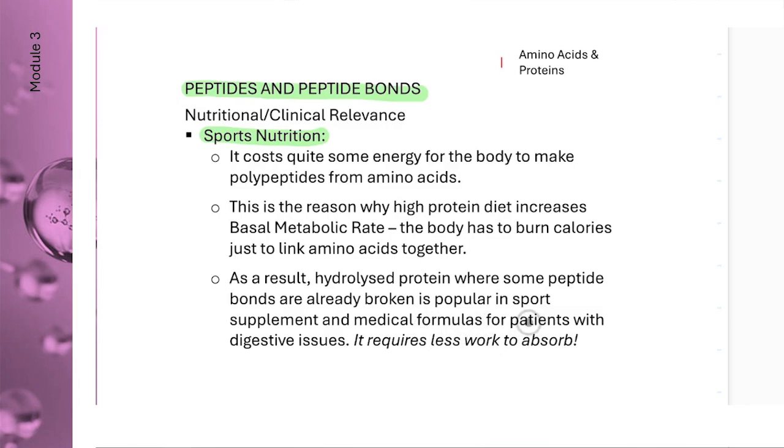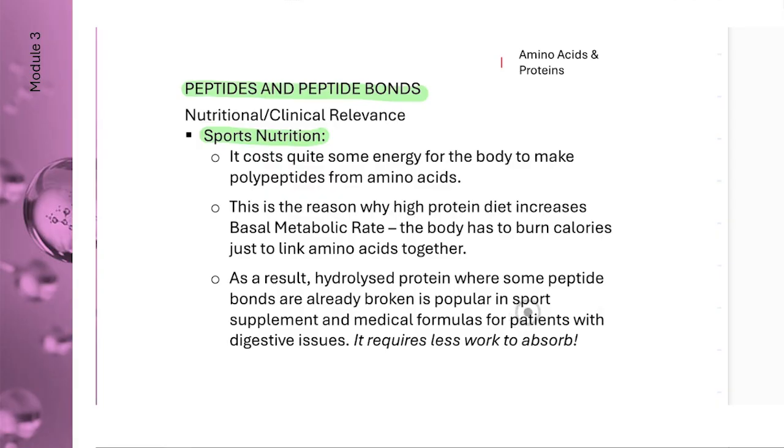And the reason why you have those short peptides is because you want a situation in which you're really efficient on energy. Why? Because the body absorbs peptides with lesser energy than single amino acids.